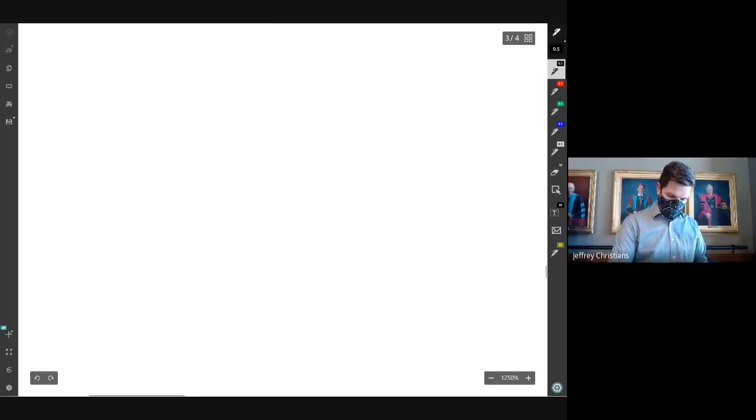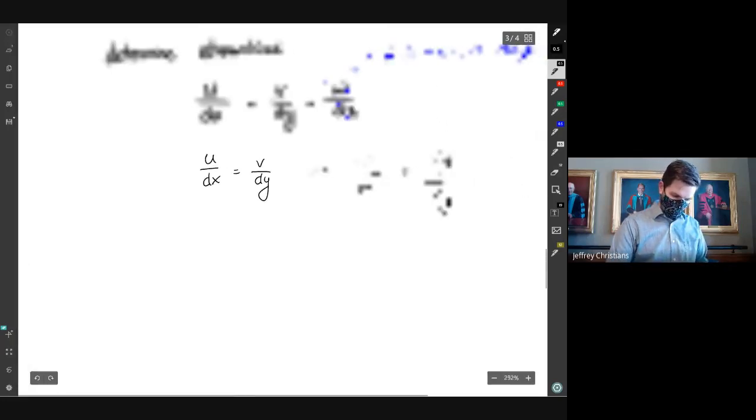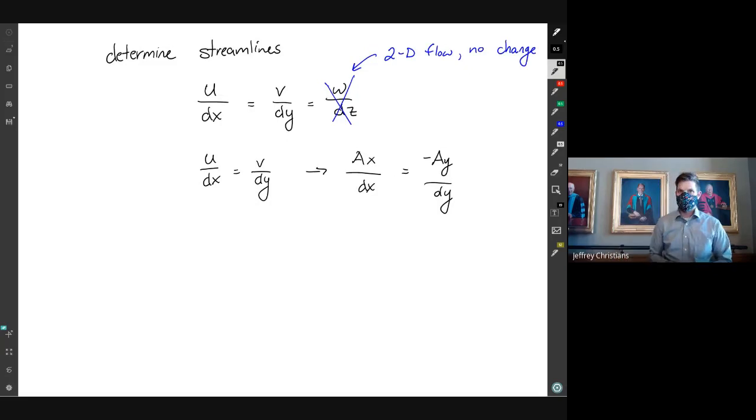Okay, then we have to do some calculus on this, right? So we're going to get the dx, dy on the same side. We're going to do separation of variables and get the x's all on the same side and the y's all on the same side, and then we can do an integration.